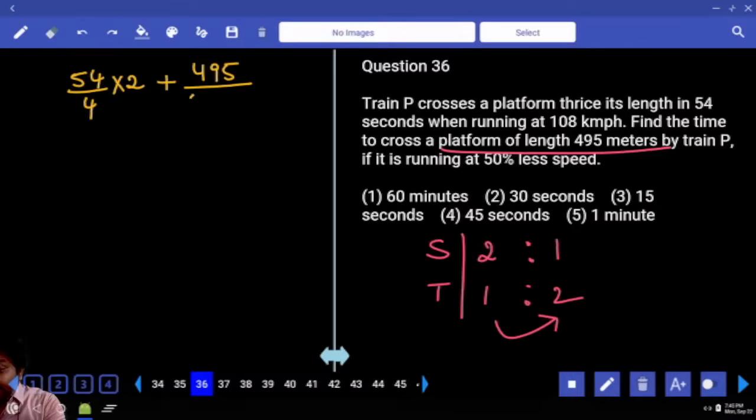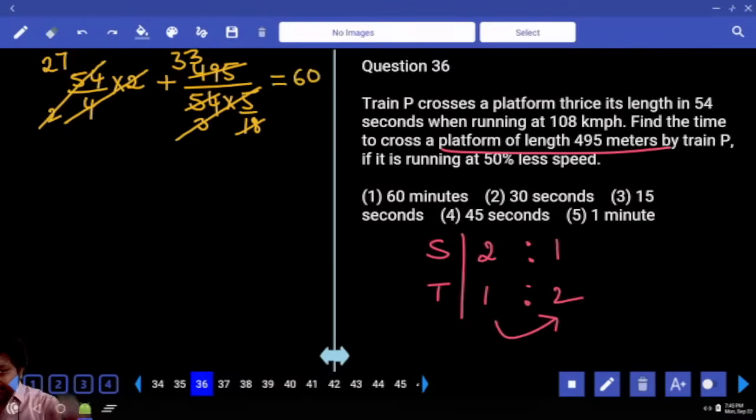Half of its speed 54 converted to meter per second 18 3 times. 5 into 3 15 3 times, again 3 times, 2 times, 2 27 times.